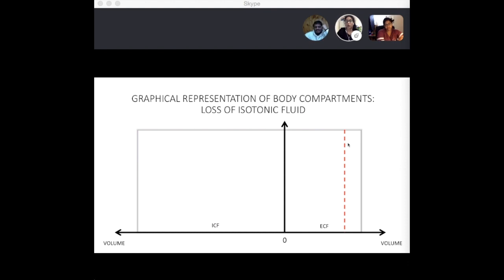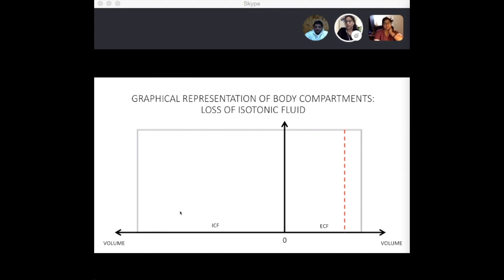There is no change in the osmolarity, as you see. The line is still as it was, and there's also no change in the intracellular volume. And this, like I said, is an isotonic fluid loss, so there's equal loss of fluid and osmoles. And so what are possible causes of decreased extracellular fluid?